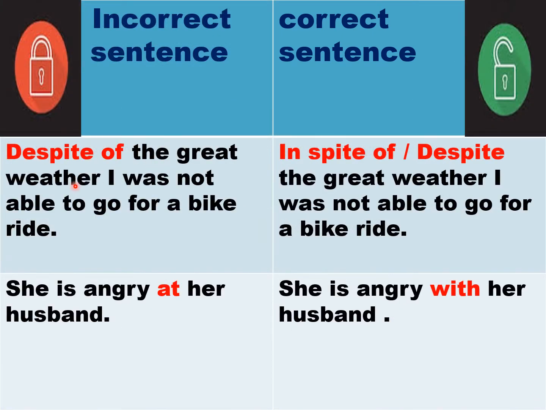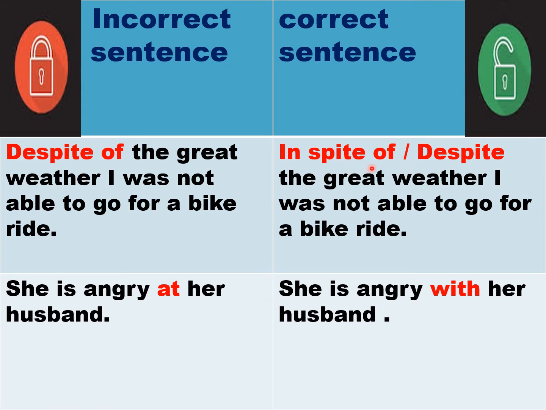Despite of the great weather, I was not able to go for a bike ride. In spite of and despite are prepositional expressions. In spite of and despite have a similar meaning to although or even though. They express a contrast between two things. Here, instead of despite of, we can use despite or in spite of. Despite won't come with of.